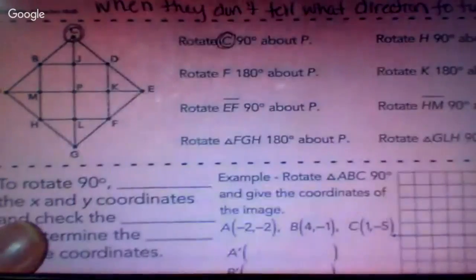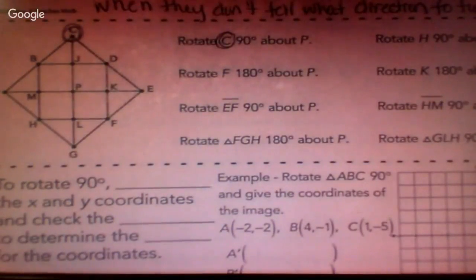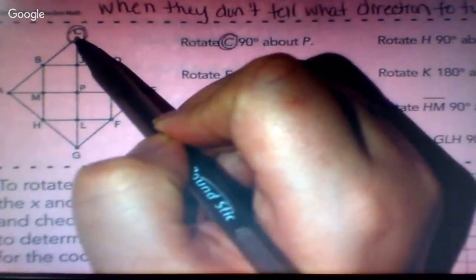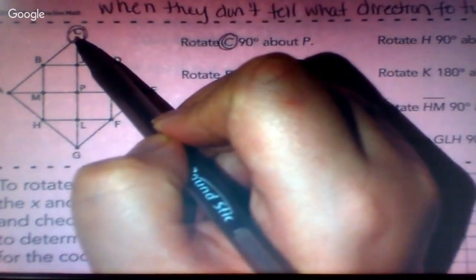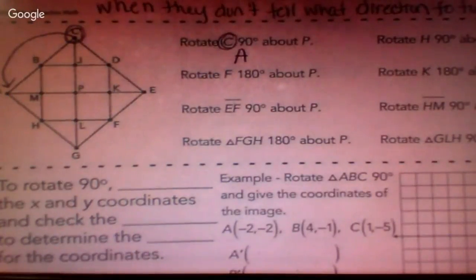Okay, so the first thing we want to look at is we're going to take point C, so this point here, and they want us to rotate it 90 degrees counterclockwise. If C goes 90 degrees counterclockwise, where does it go to? It goes to A. C goes to A. Go down to the next one.